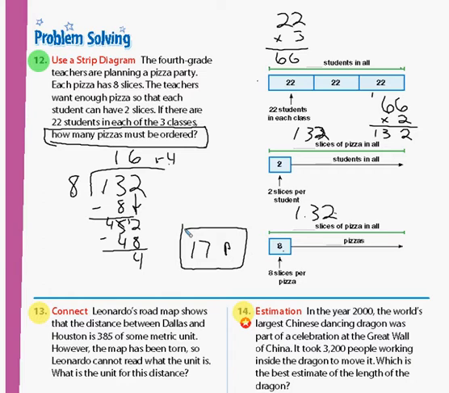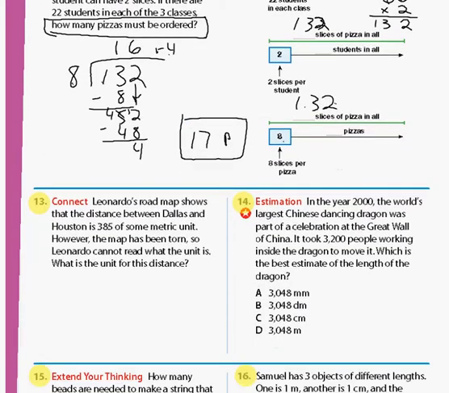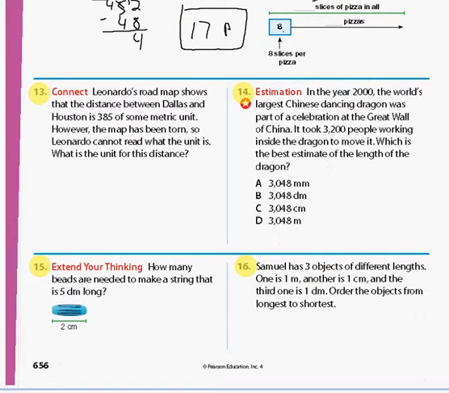Okay, question 13. Leonardo's road map shows that the distance between Dallas and Houston is 385 of some metric units. However, the map has been torn, so Leonardo cannot read what the unit is. What is a unit for this distance?